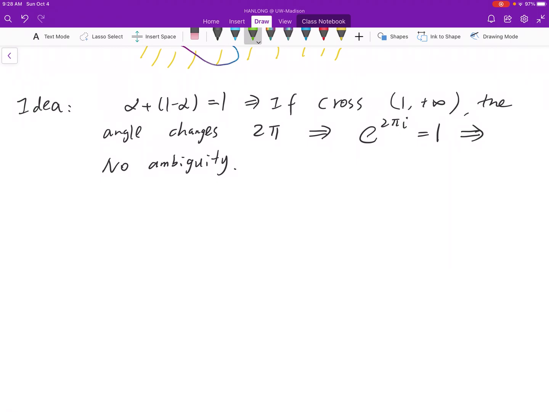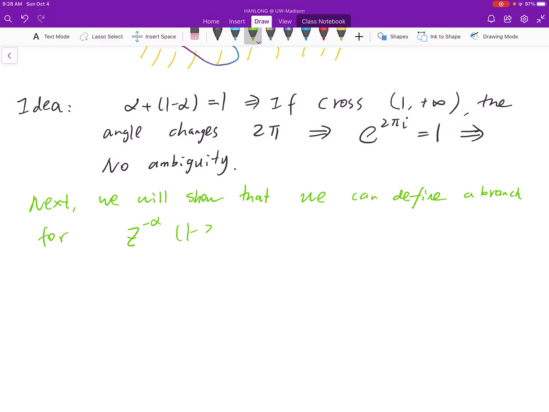Then next we will show that we can define a branch for 1 over z to the negative alpha, 1 minus z to the negative 1 minus alpha, on a slightly larger domain, C minus 0, 1.